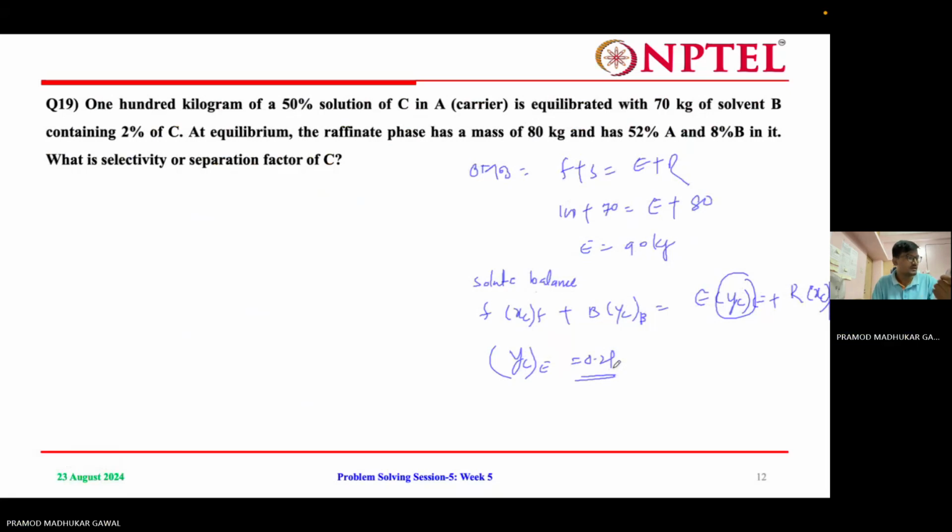Now take the component balance on the carrier.